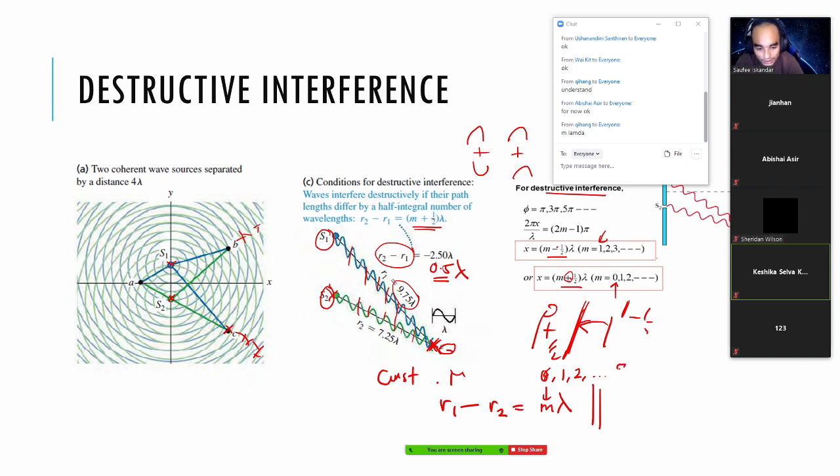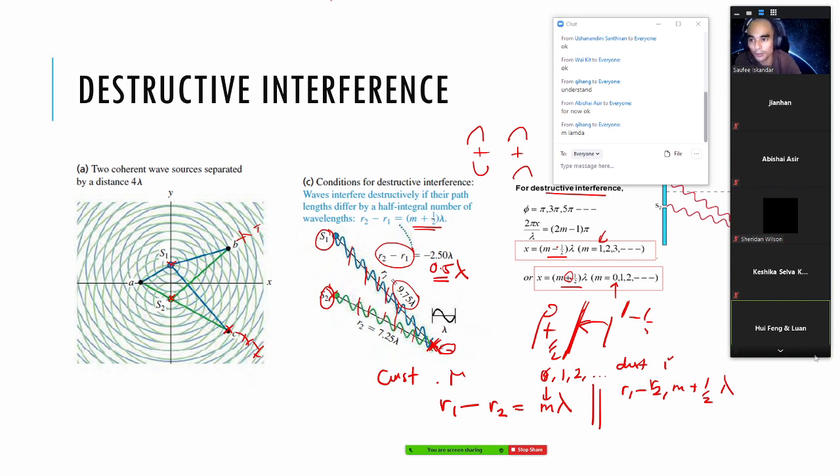For destructive interference, when you subtract the optical path lengths of the two waves, you have m plus 1 over 2 lambda. It means that the difference between them is 0.5, half.